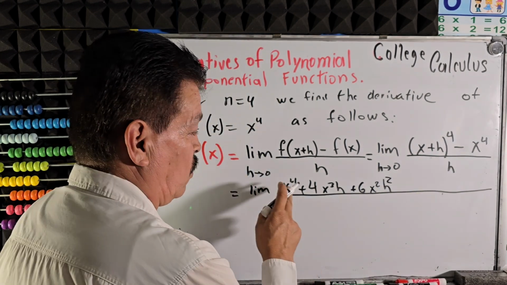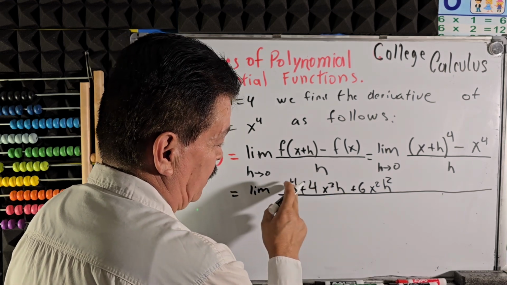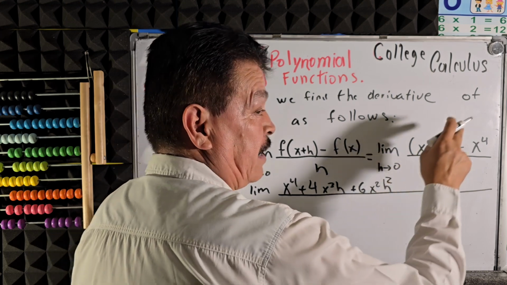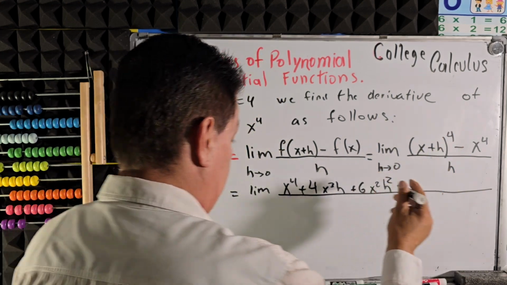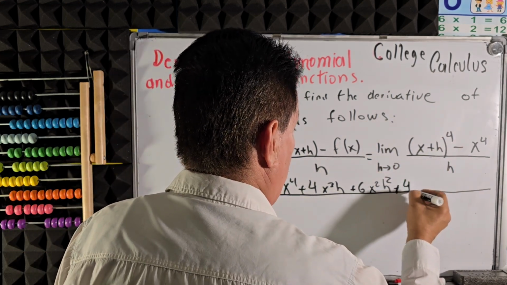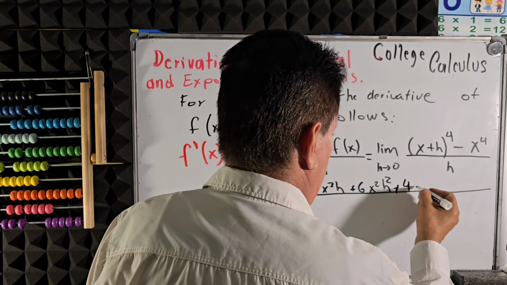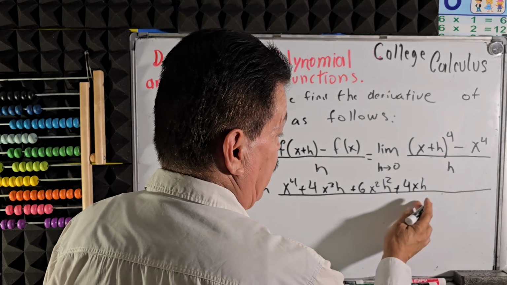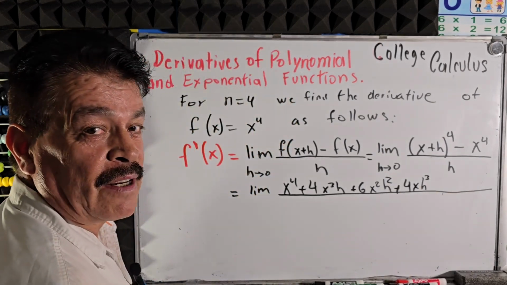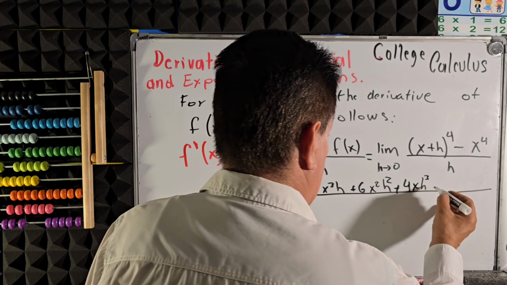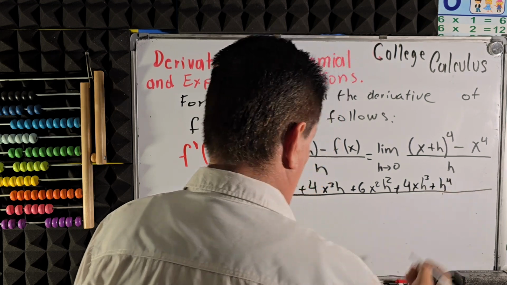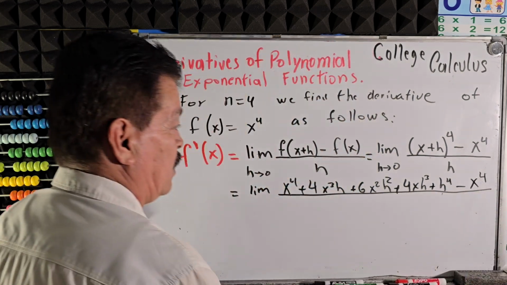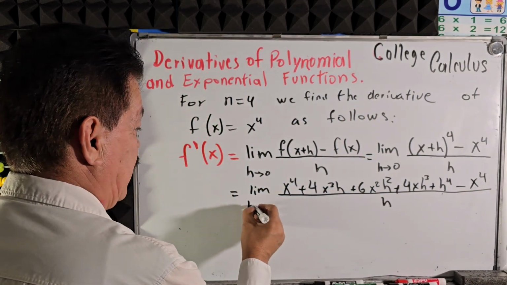So the power of x decreases, and the power of h increases. Now plus 4x to the 1st power h to the 3rd power, plus h to the 4th power, minus x to the 4th power, divided by h when h approaches 0.